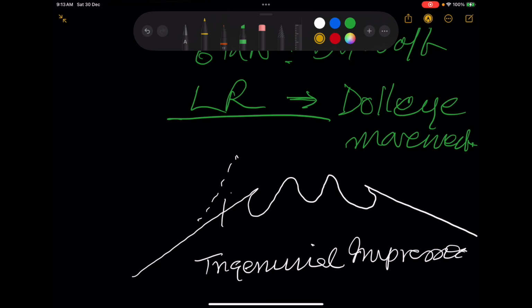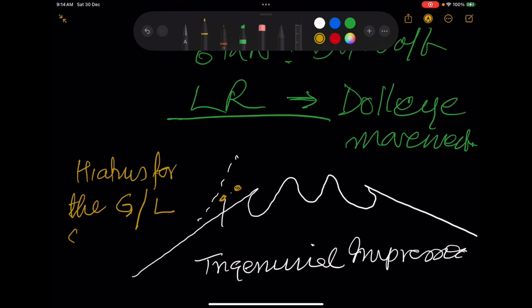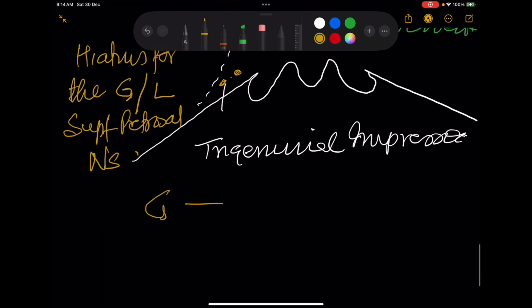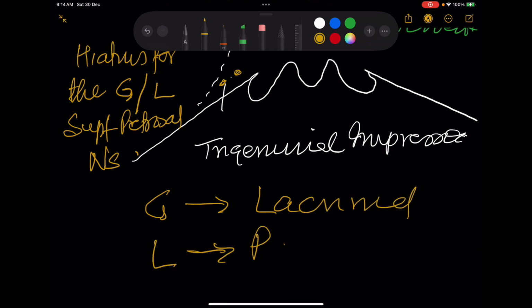On this trigeminal impression there are two hiatus for the greater and lesser superficial petrosal nerves. The greater superficial petrosal supplies the lacrimal gland, and the lesser superficial petrosal supplies the parotid gland.